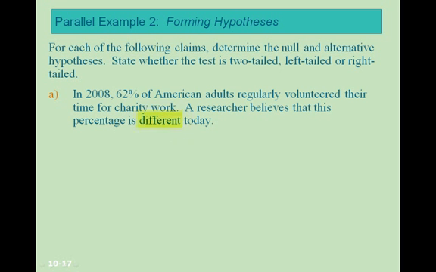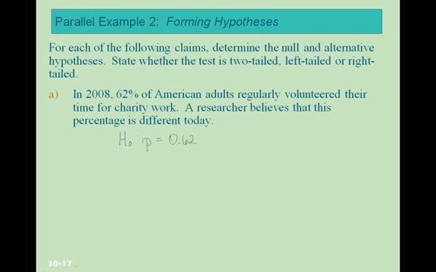So the key word here is the word different, and we're dealing with a proportion. So if the percentage participating in charity work is no different than in 2008, it will be 0.62. So what we have then for our null hypothesis is that our p is equal to 0.62.